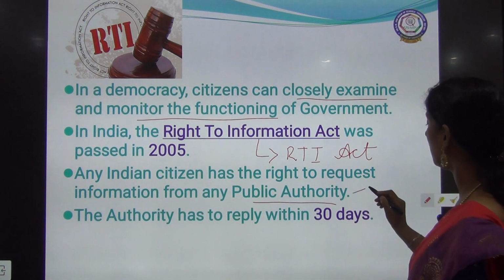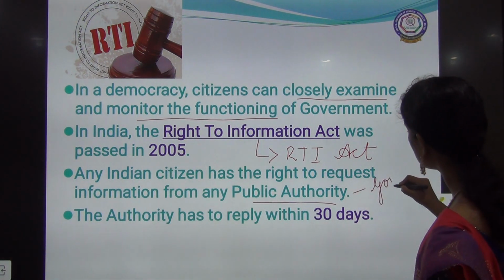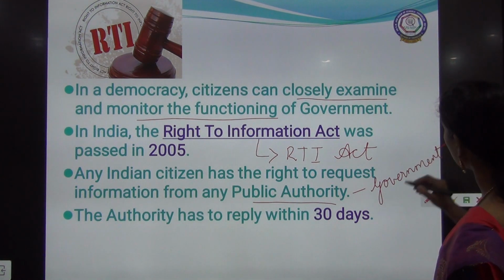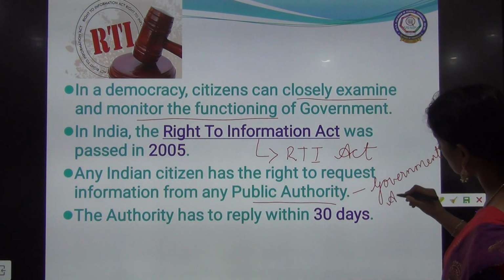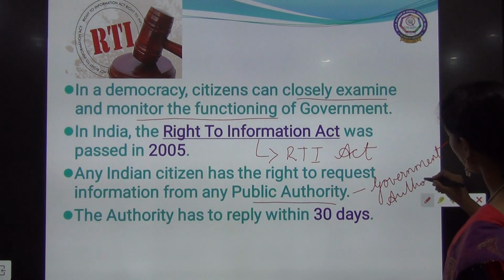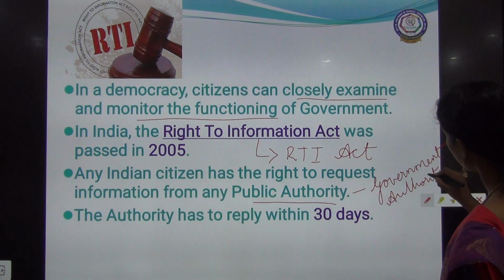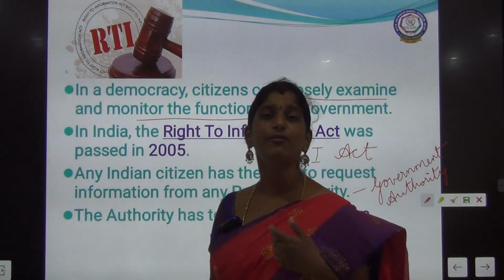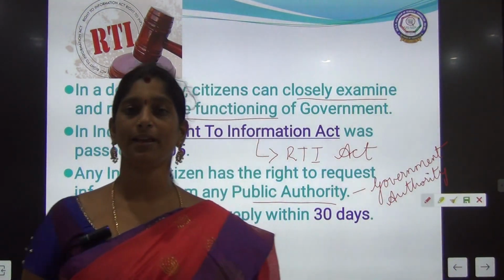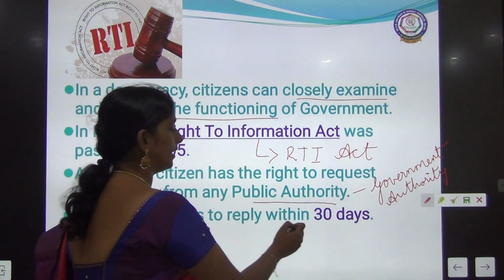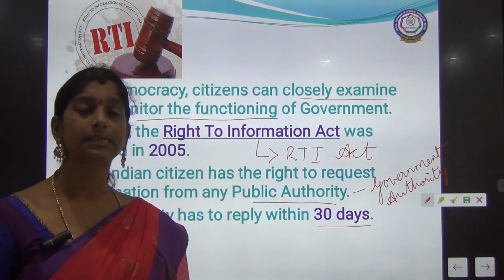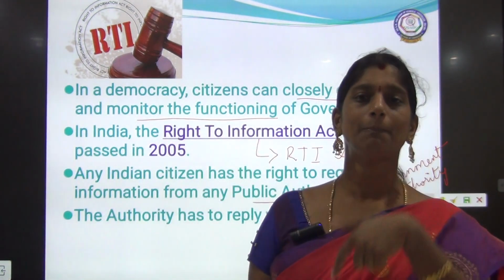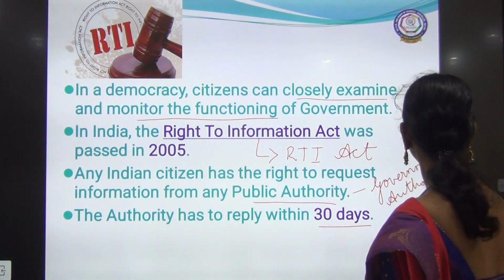Public authorities are nothing but government staff, government employees, anyone who works for the government. So any Indian citizen can ask for the information he needs from any public authority, and the authority should reply within 30 days. 30 days is the maximum time the authority can take to reply. Okay.